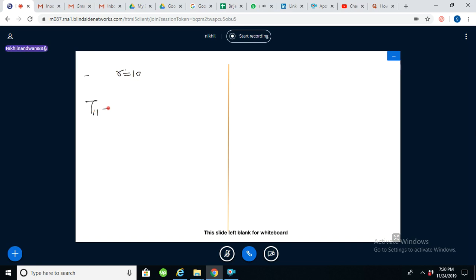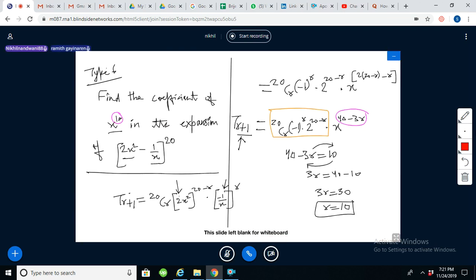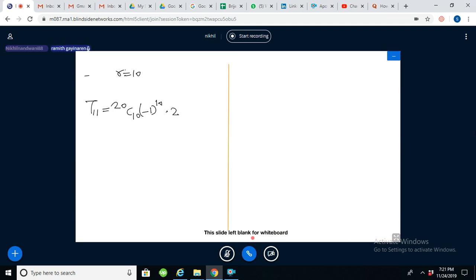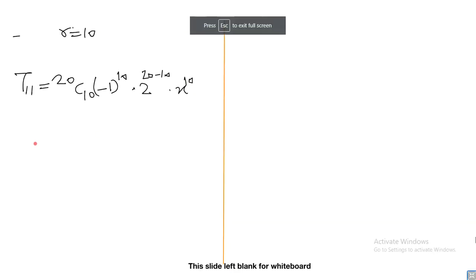So that means that will be the 11th term. And if I put r as 10, I get 20C10, minus 1 to the power of 10, 2 to the power of 20 minus 10, x to the power of 10. This is the whole term, and it's asking for the coefficient.